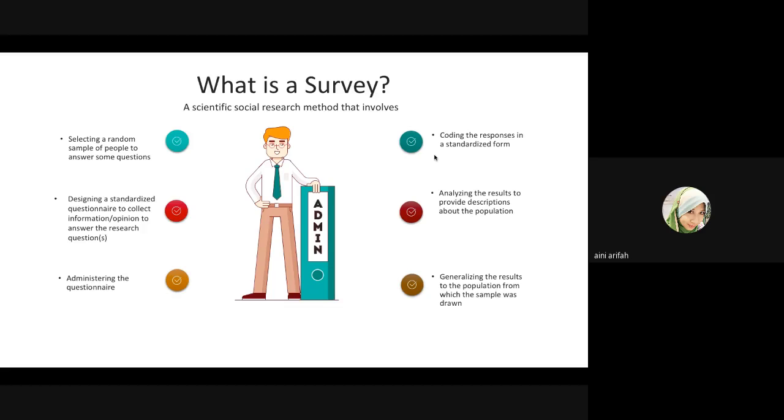And then you need to analyze the results to provide descriptions about the population of your study. Then the last but not least, to generalize the results to the population from which the sample was drawn.